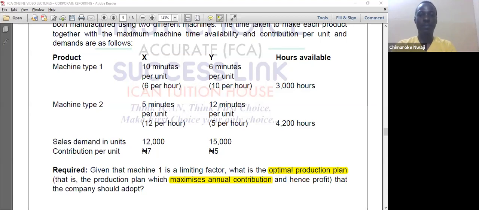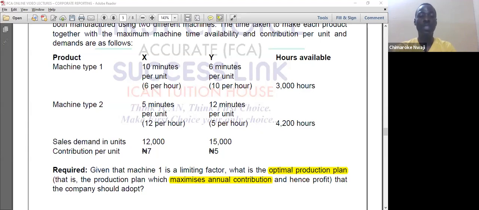Let's look at it this way. 6 minutes is for 1 unit. How many hours is 6 minutes? 6 divided by 60 gives you 0.1. It means that for 1 unit, you are using 0.1 hours. So if you have to make 15,000 units, you multiply by 15,000, and that gives you 1,500 hours.